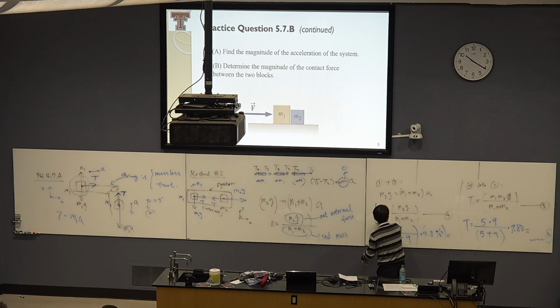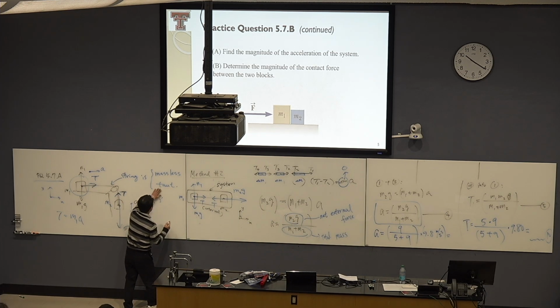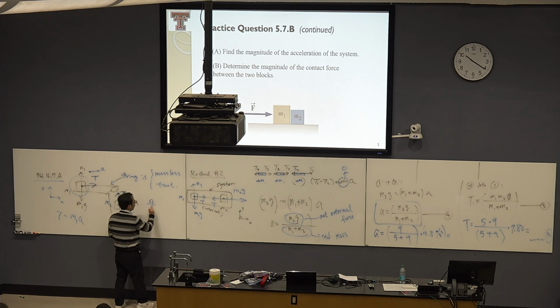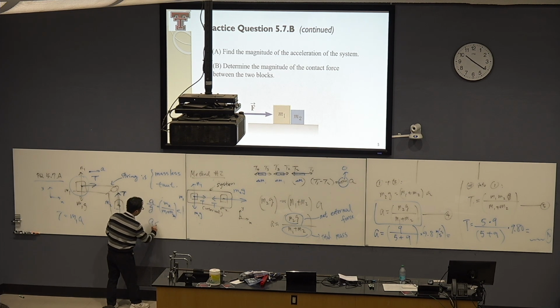You can compute the acceleration, but will this number be greater than G, less than G, or equal to G? It will be less than G. I think it's obvious, because if you consider acceleration over G, you'll get a ratio like this one, m2 over m1 plus m2. And this ratio apparently is less than 1. Therefore, A will be less than G.